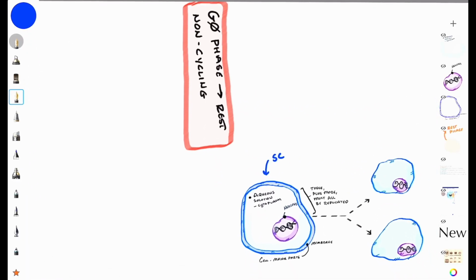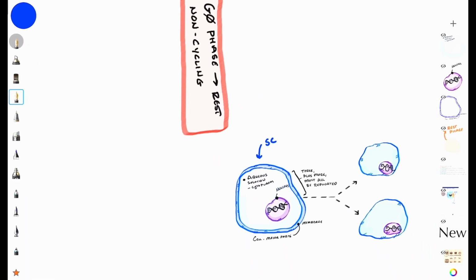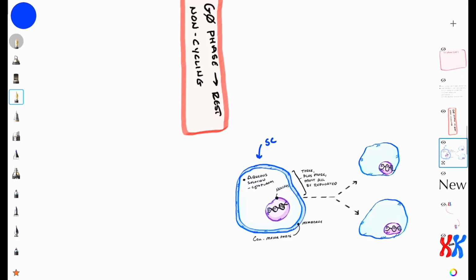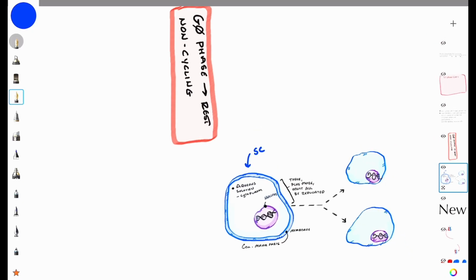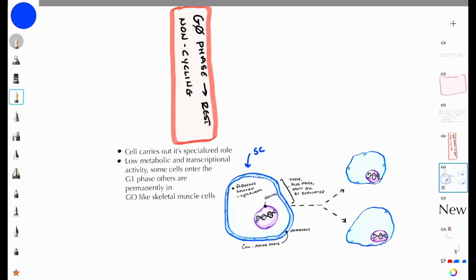Skeletal muscle needs a stimulus in order to wake the satellite cells up. And that stimulus is generally an injury. Now, in this phase, specifically with satellite cells, they are just sleeping and inactive. They are not doing anything. They're acting how a satellite cell should act.